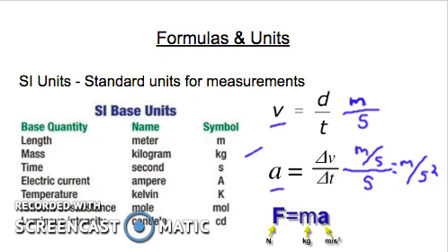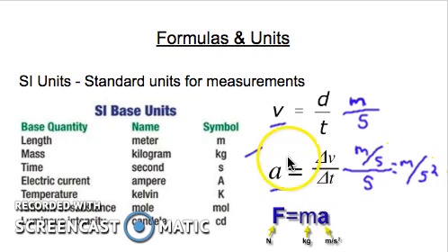What I would advise is that you learn that acceleration has the unit meters per second squared, and you treat it as the unit. You're finding acceleration? Oh, we're using meters per second squared. You're finding velocity? Oh, you're using meters per second. So that's how I think you should approach it, by going by what the standard unit should be.